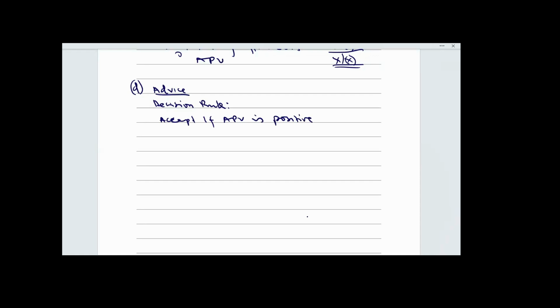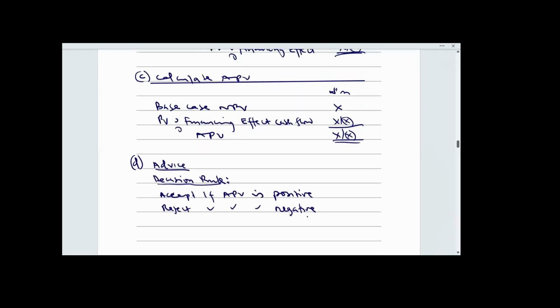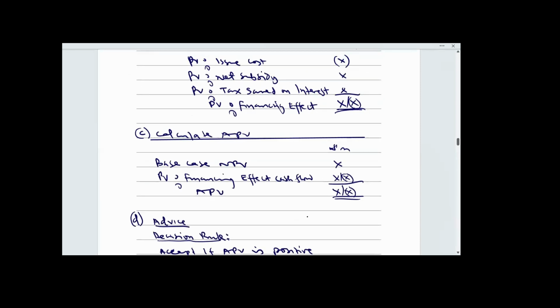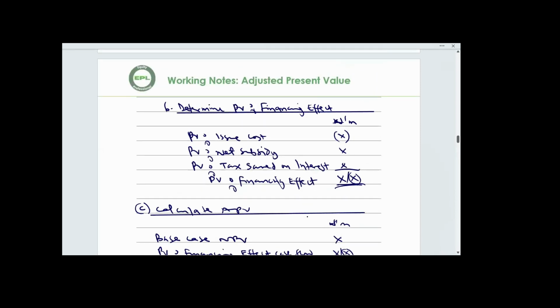But if APV is negative, you reject. If you have zero APV, then you refer to other qualitative factors. So that's basically adjusted present value. This is how to calculate adjusted present value.